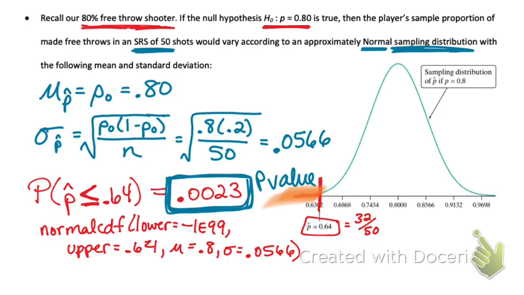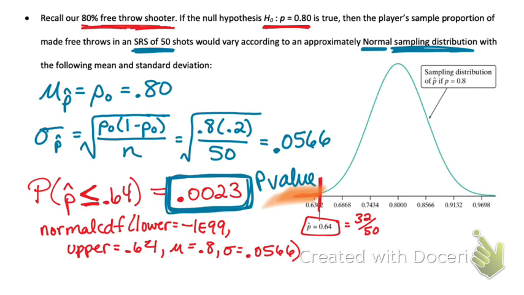Now, if you remember from last week, there was a dot plot that had 400 dots on it, and there were 3 dots that were circled, and that was the probability of being 0.64 or less. And that one, the p-value was 0.0075. The reason this one is even lower is because this is an infinite amount of sets of 50 free throws.